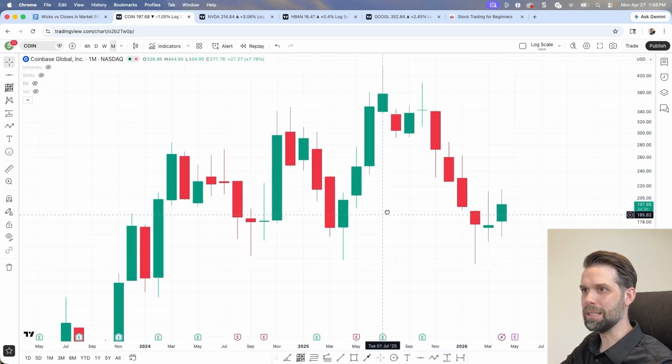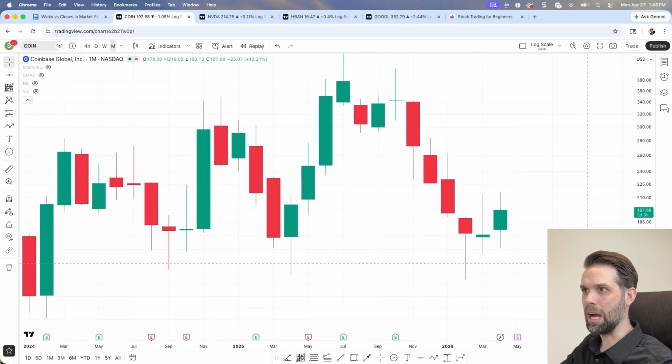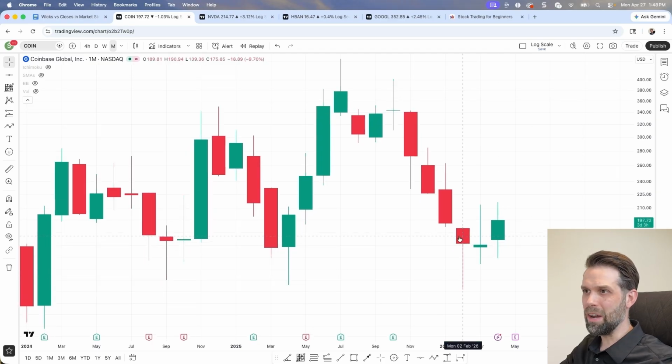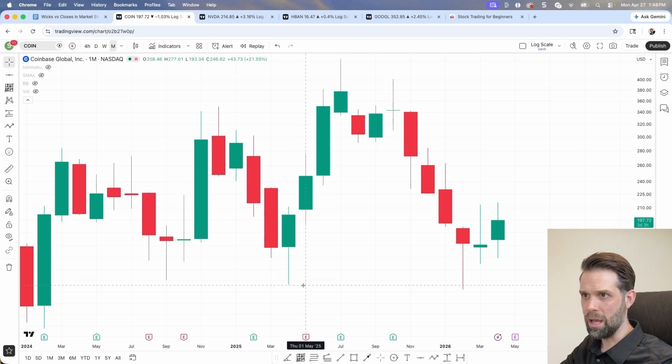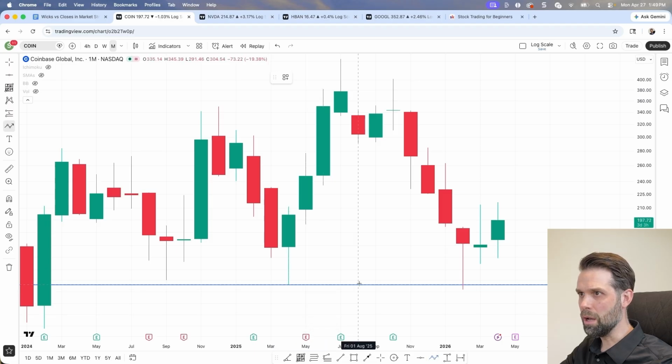So we can delete that and just zoom into this area. And again, our rule is going to be, where do the present day candles close in relation to the prior lows? So this wick is right here, and we will mark it right there. And again, we want to see where these candles close in relation to this wick.